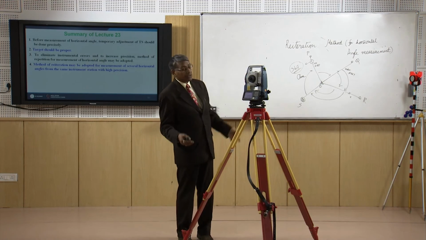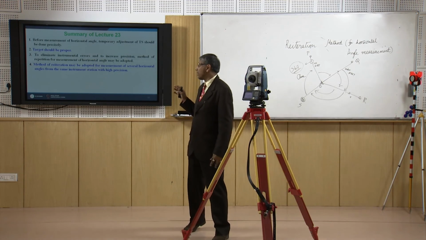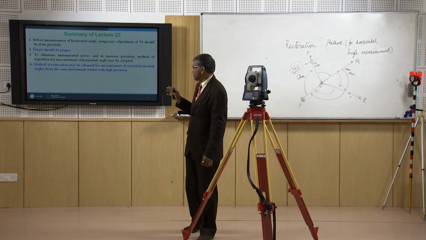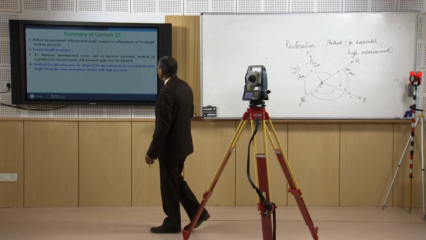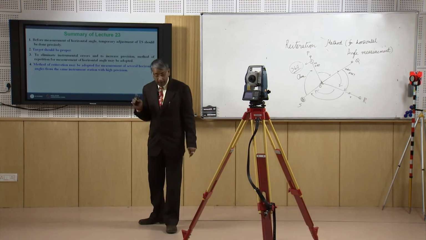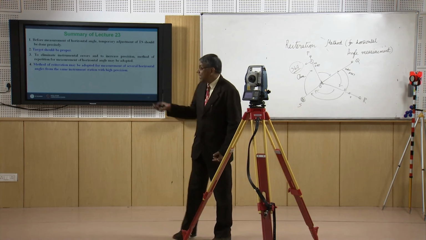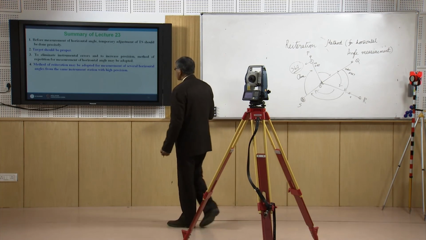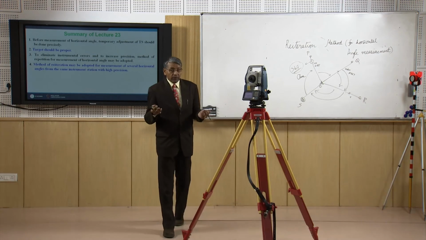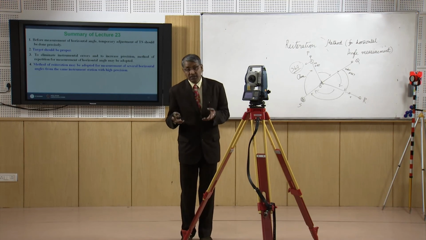That means if the target is not visible or we are not able to see it properly, then the angle measurement will not be proper. To improve the precision as well as to minimize the error, we should go for the method of repetition.